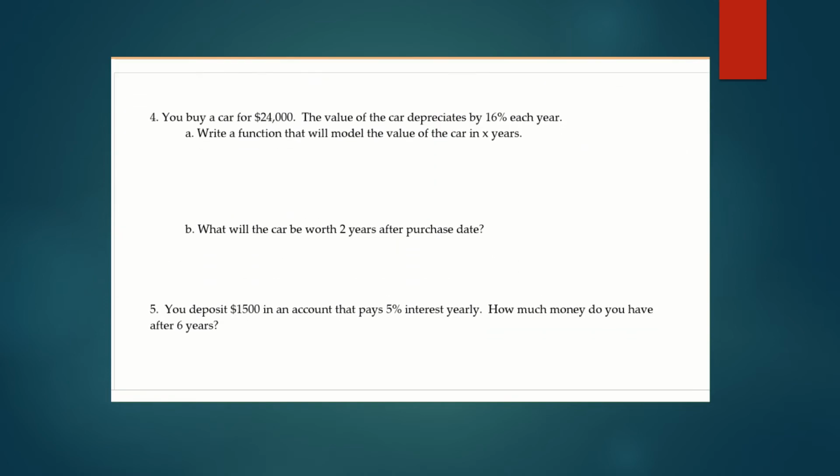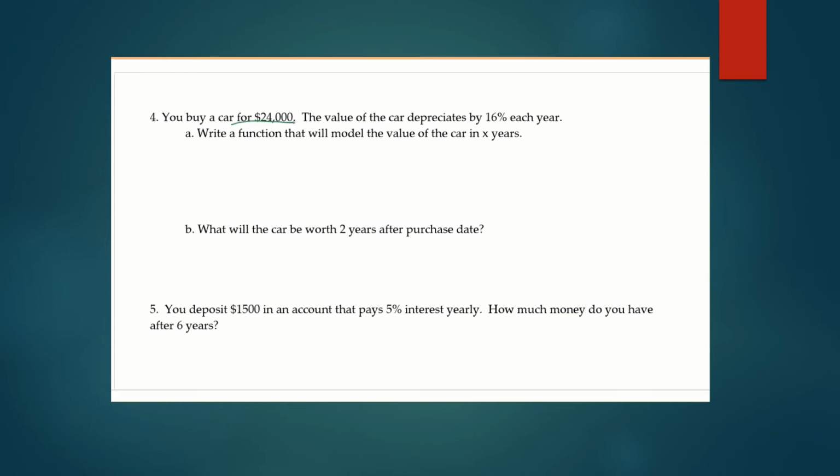All right. Okay, so let's kind of go back to yesterday. So we're going to put a hold on compound interest for a second, and let's just go ahead and keep working with that familiar formula that we had yesterday, and actually that we've been working with throughout this entire section here. So you buy a car for $24,000. The value of the car depreciates by 16% each year.